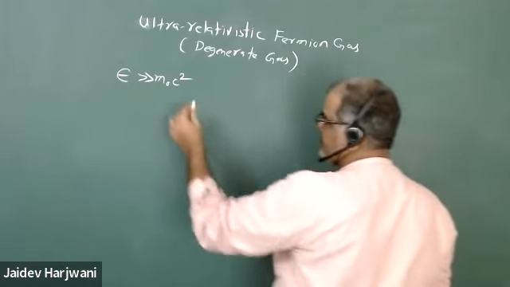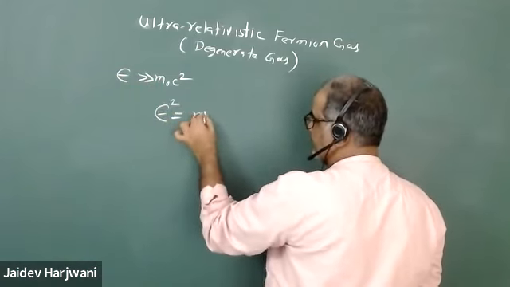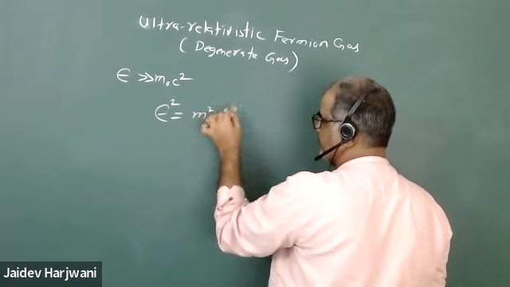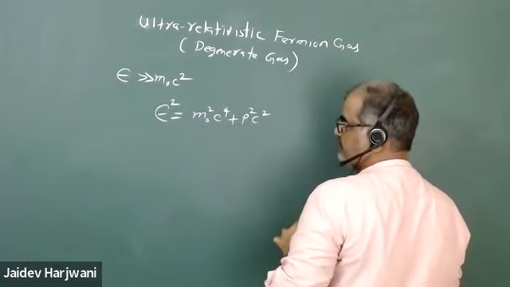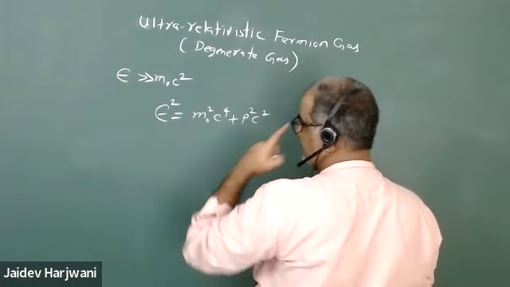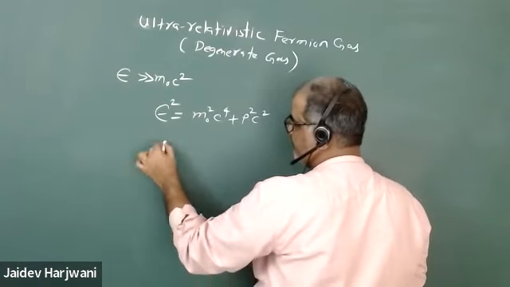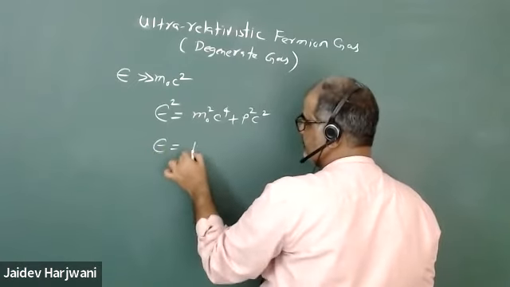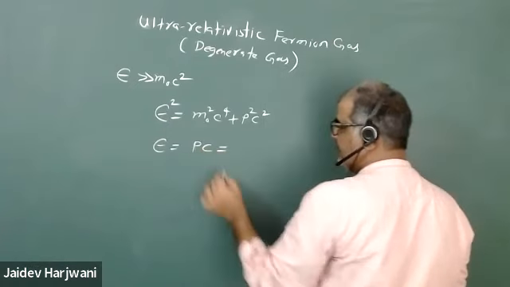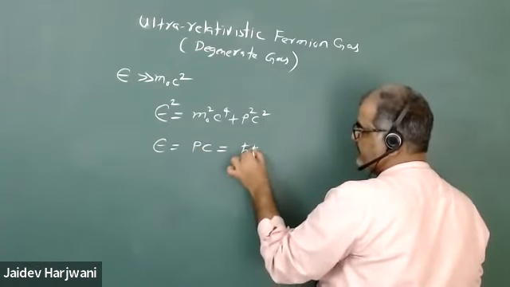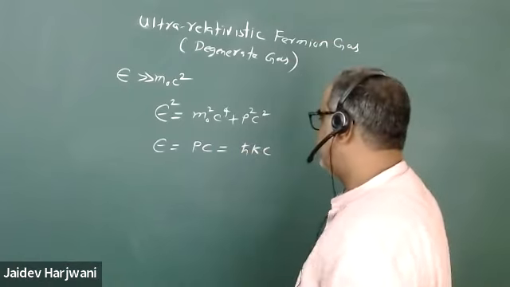In this case we know the energy is written as the square root of m0 square c^4 plus p square c square. Since E is very high compared to the rest mass term, we can neglect it and simply write E equals pc. We know p is h cut k, so E equals h cut k c. So we can write the electron energy as h cut k c.